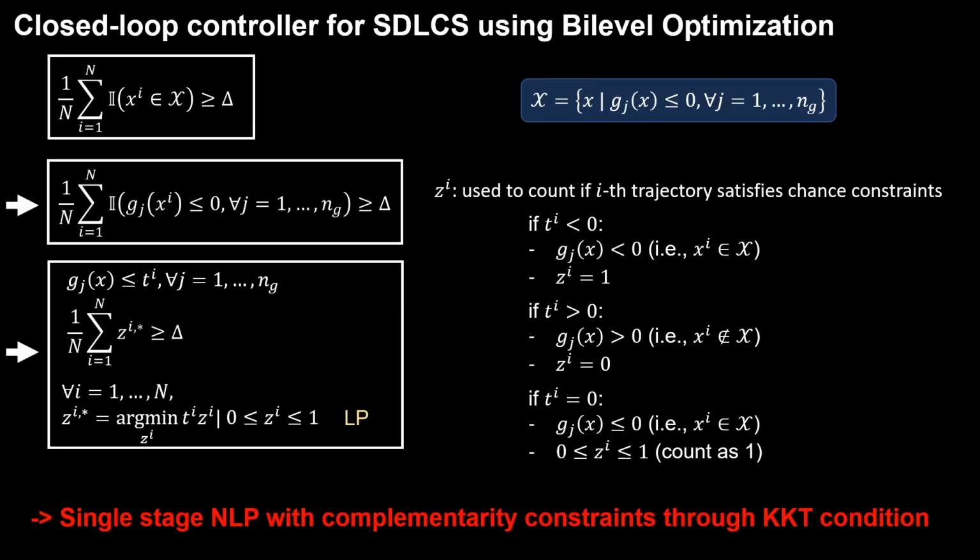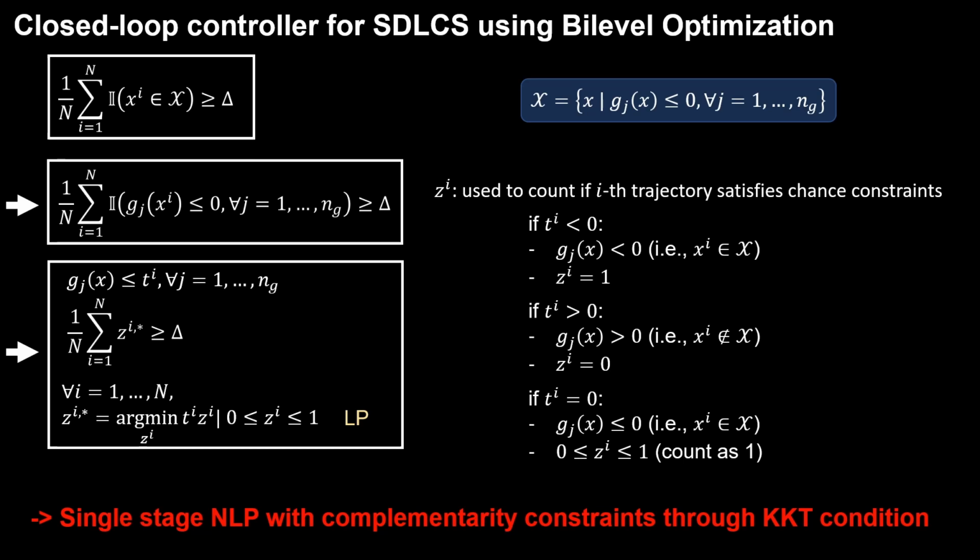Since we use nonlinear programming, the only constraint we need to carefully consider is this chance constraint using particles, since we cannot use integer variables anymore. Thus, we replace the constraint using a bilevel optimization problem. If the ith trajectory satisfies the chance constraints, ti needs to be negative, which makes zi take 1 to achieve global optimality in the lower level optimization problem.